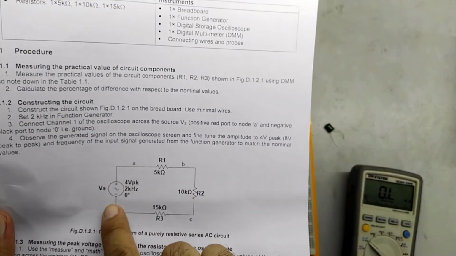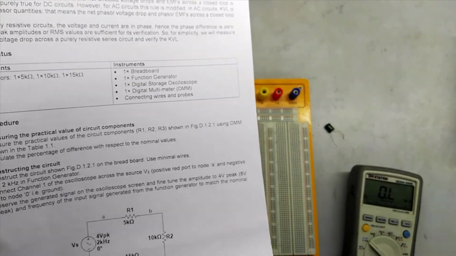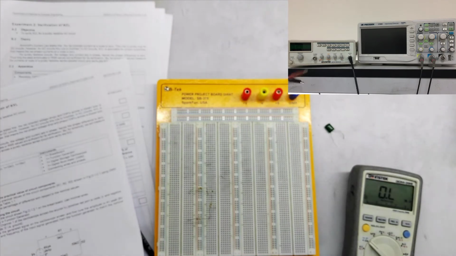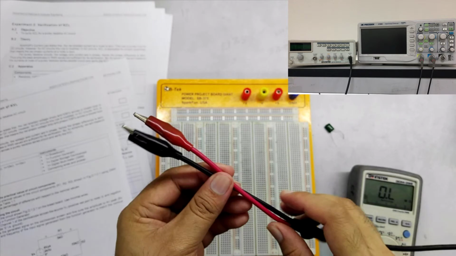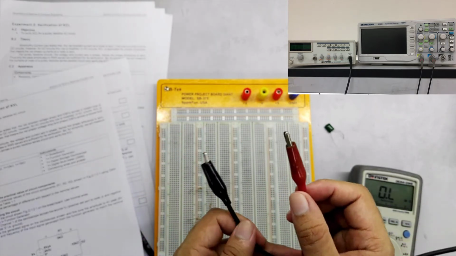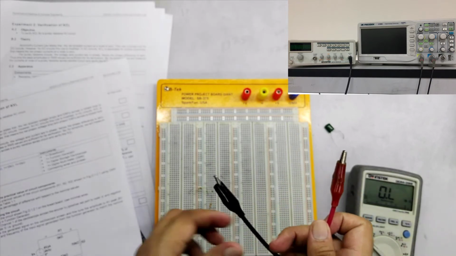Now we'll need to connect the source, and we'll use the function generator as the source. So this is the probe of the function generator. This is the red wire, the plus polarity, the black wire, the negative polarity.